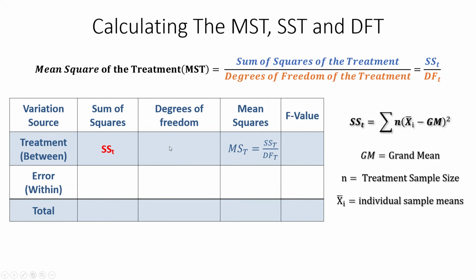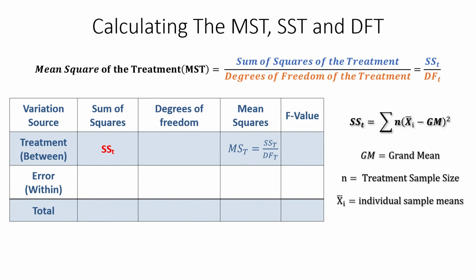Here is the equation for calculating the sum of squares of the treatment. And remember, when we say treatment, we mean the variation between the treatment groups. That's what the word between means. The way we calculate that is we take a sum of average values relative to the grand mean. I haven't yet explained the grand mean. It's essentially an average of all your data points.